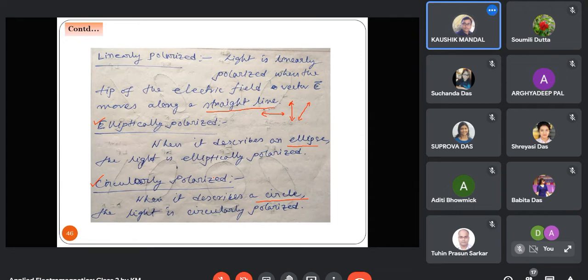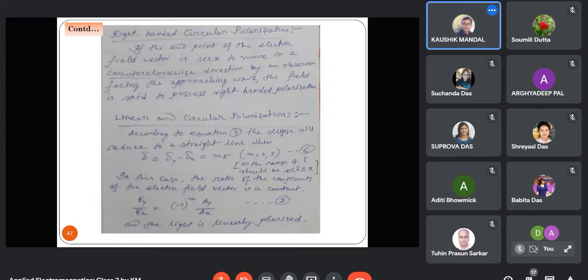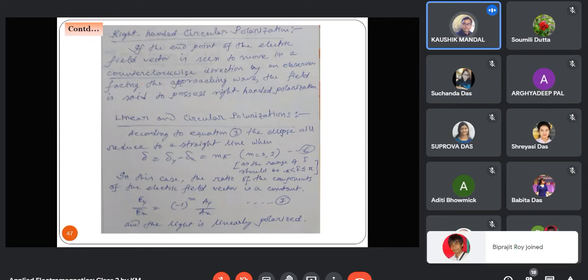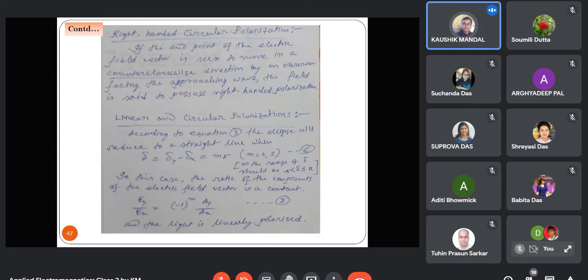Right-handed means the rotation will be clockwise, and left-handed means rotation will be counterclockwise. The condition is that the observer is looking towards the propagation of the electromagnetic wave. So that is mentioned, that is the case of right hand and left hand circular polarizations.